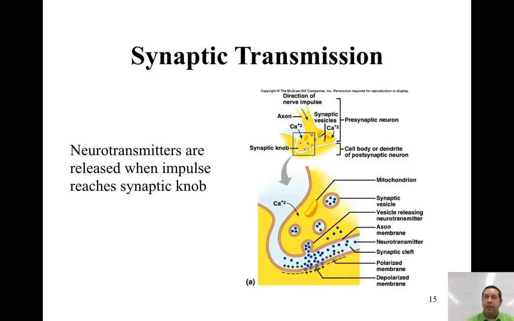So basically what happens as the nerve impulse gets to the end of the axon terminal, or the presynaptic neuron, it's going to cause calcium gates to open, which causes calcium to flood into the cell, which then causes vesicles that contain these neurotransmitters to fuse with the cell membrane and release the neurotransmitters by exocytosis.